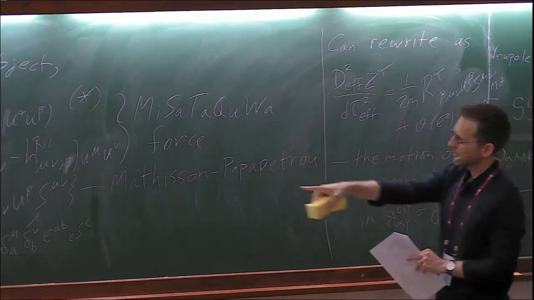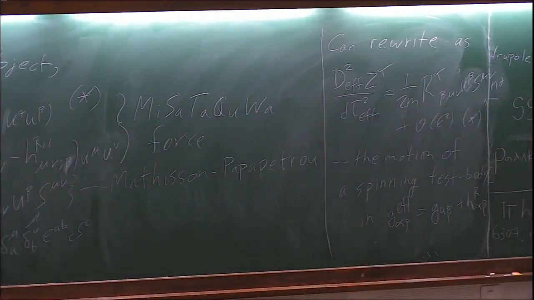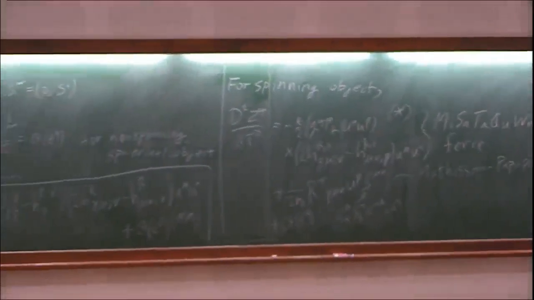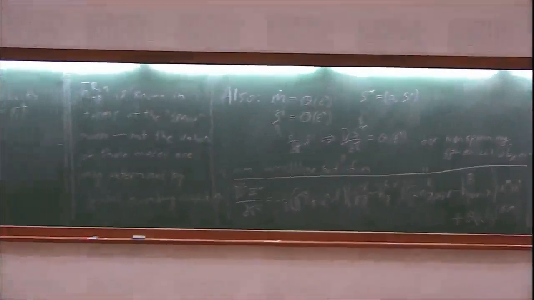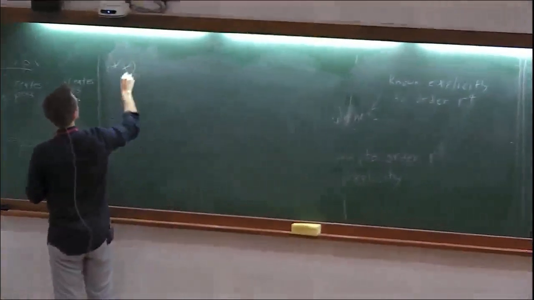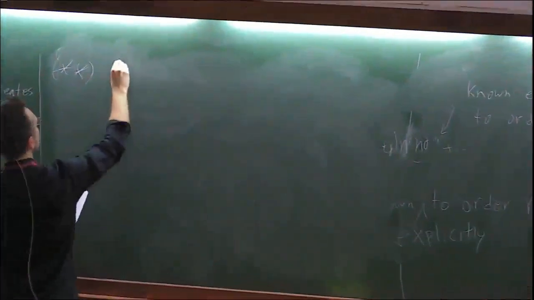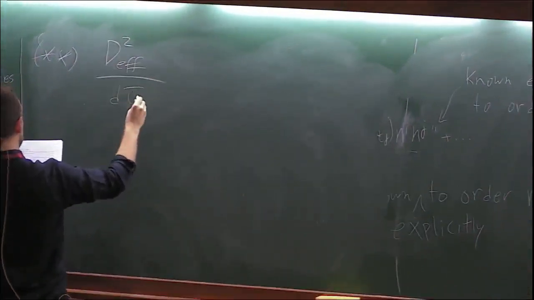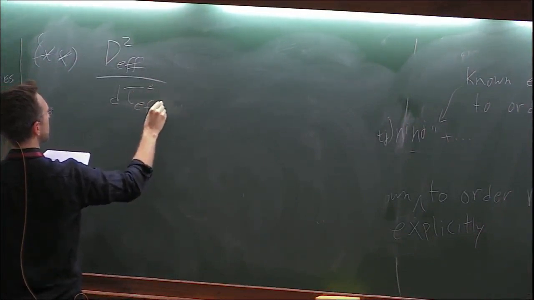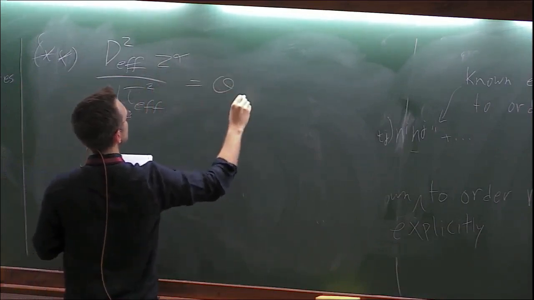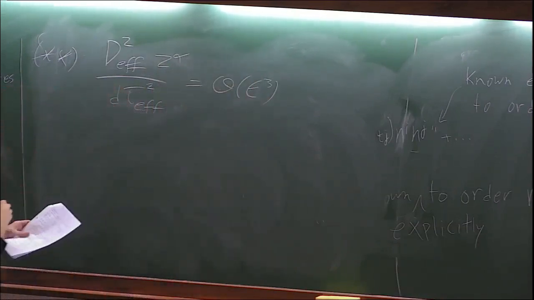And similarly, the second order equation you can show is completely equivalent to the motion of a test mass, so not a spinning body, but just a test mass, in the effective metric. So this is just rewriting double star. It's completely equivalent to geodesic motion in the effective metric.